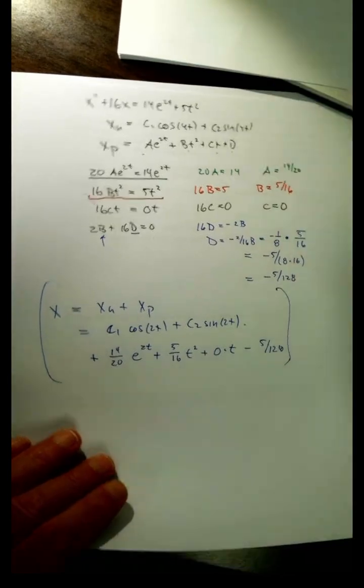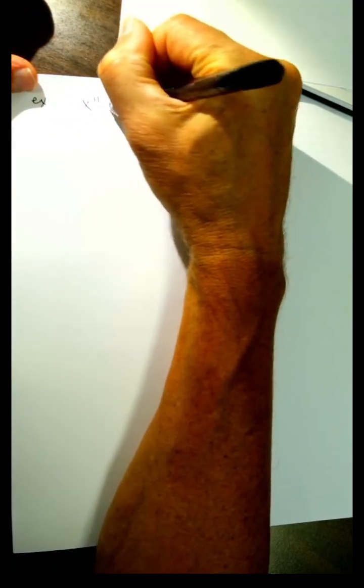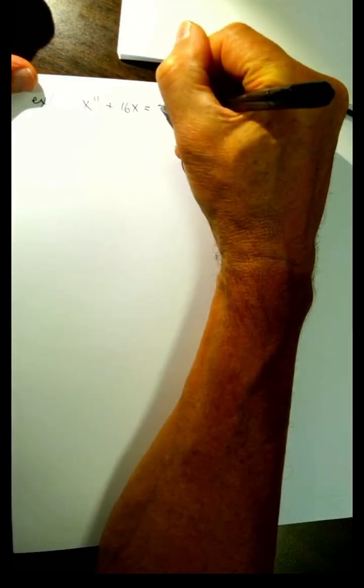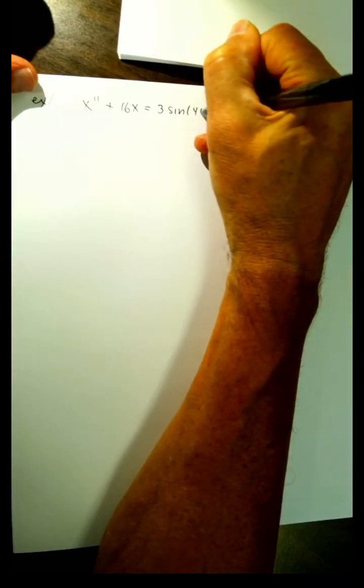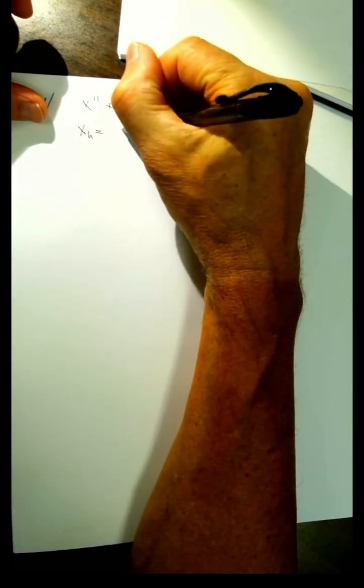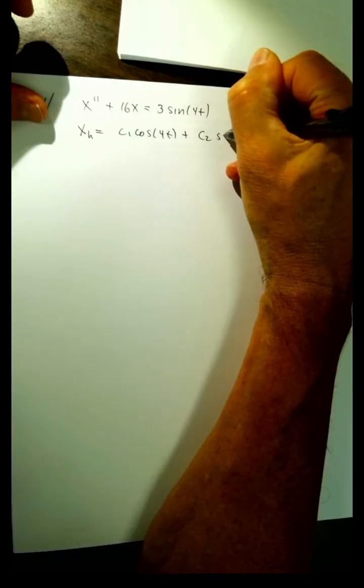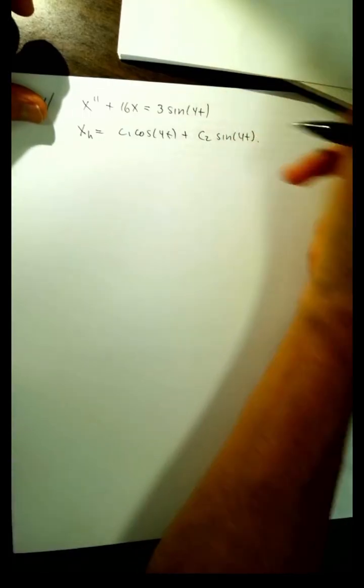All right, next example. Suppose I have x double prime plus 16x is 3 sine of 4t. We already know that the homogeneous solution is c1 cosine of 4t plus c2 sine of 4t.